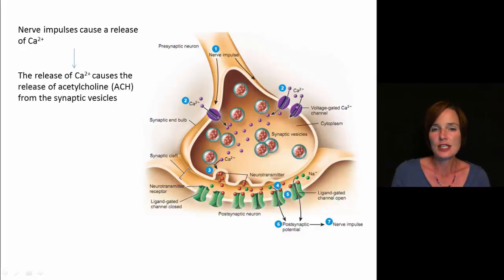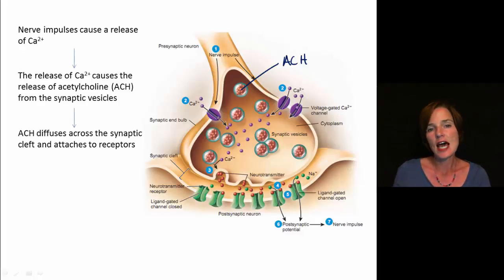Now, when those calcium ions release into the cell, so these are the little purple circles that we see in the image, that release of calcium is going to stimulate the release of a second chemical, which is called acetylcholine, and we abbreviate that ACH. That acetylcholine gets released from the synaptic vesicles, which are all the little bubbles that you see in the picture here. Inside of them is where we have that acetylcholine. The calcium being released there is going to stimulate the release of the acetylcholine.